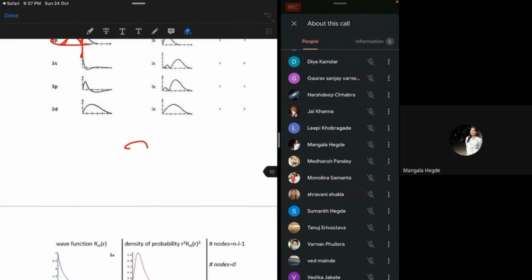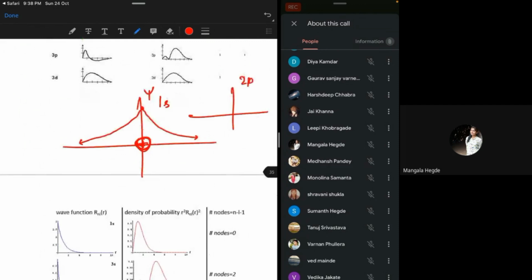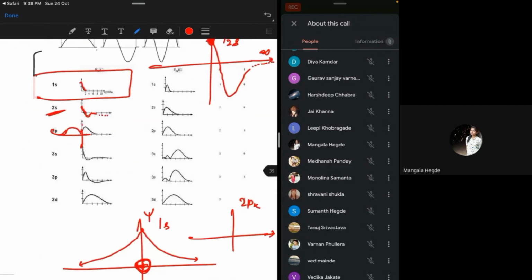Let me draw again. So the probability for s is like this. Let's say this is the nucleus, the center. The probability of s decreases like this from both sides of the nucleus. This is psi 1s. Now for 2p, let's say x, it will be like this, a dumbbell.